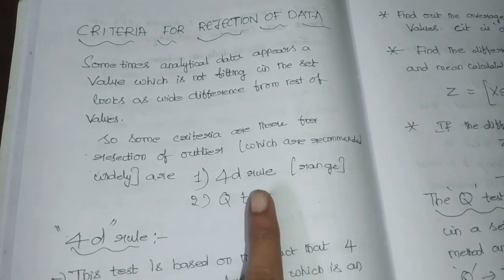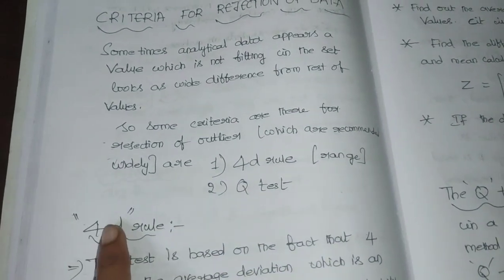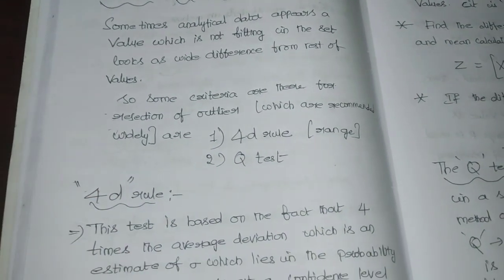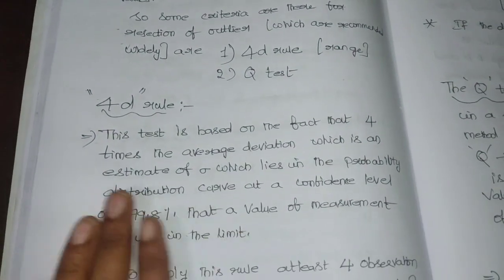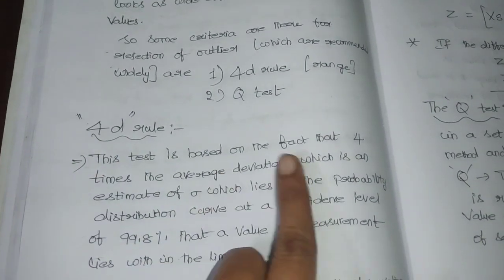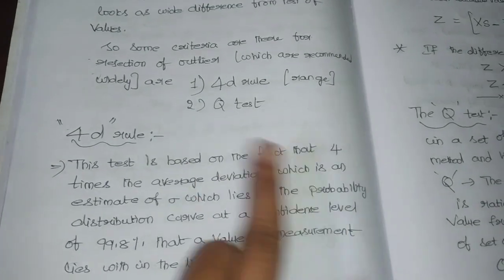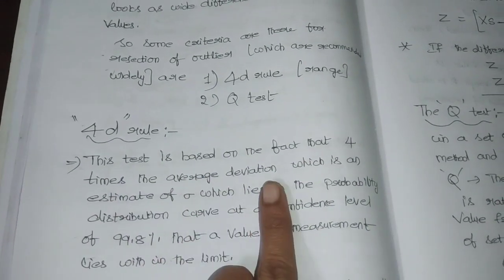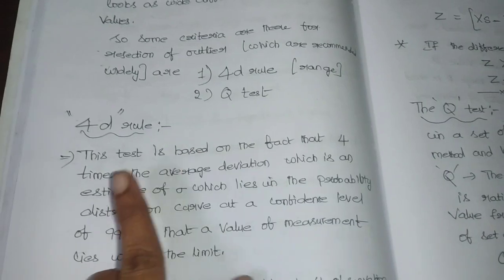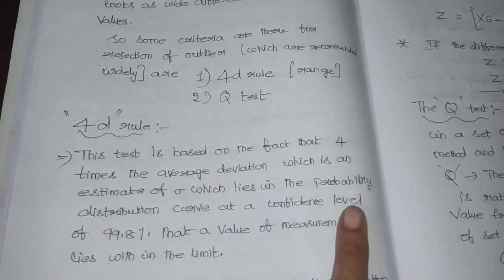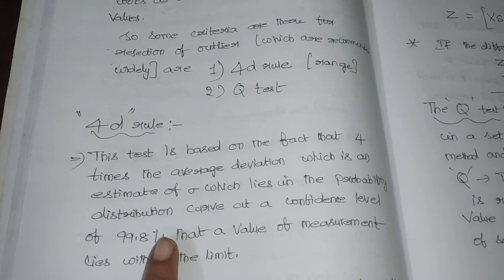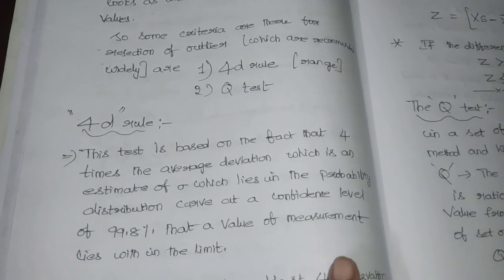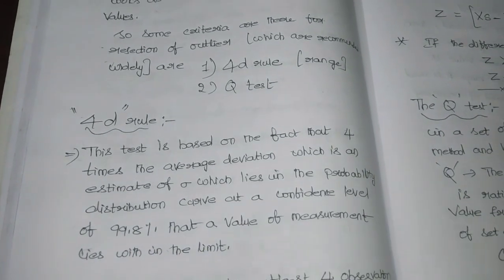So what are the 4D rule and the Q-test? Let me explain the 4D rule. This test is based on the fact that 4 times the average deviation, which is an estimate of sigma, lies in the probability distribution curve at a confidence level of 99.8%, meaning a measurement value lies within the limit.